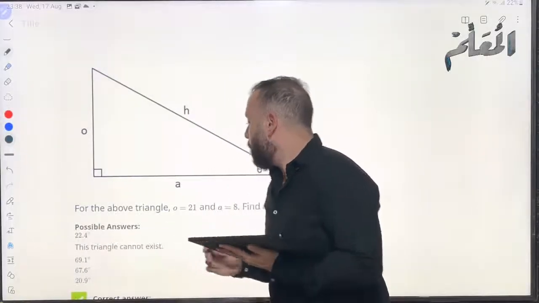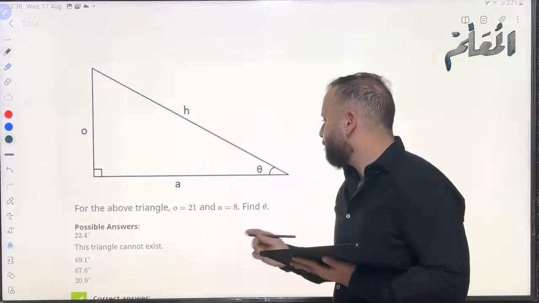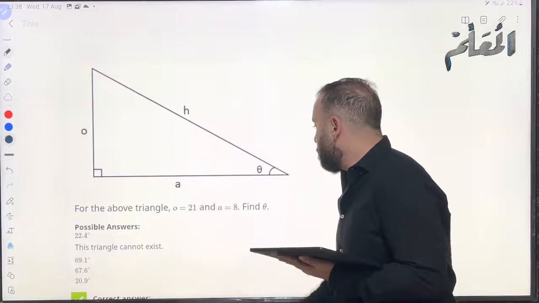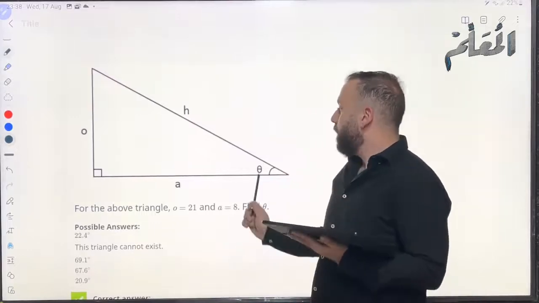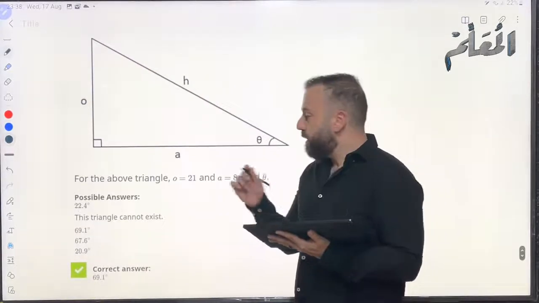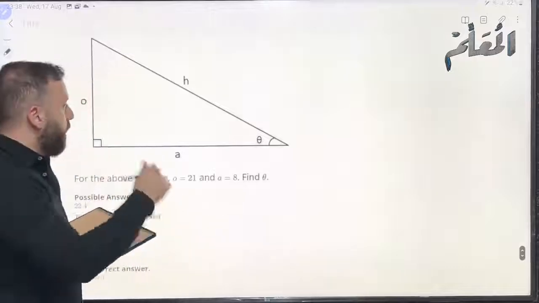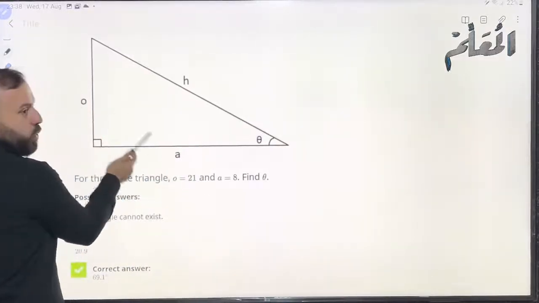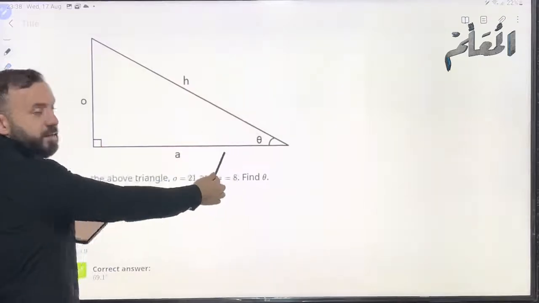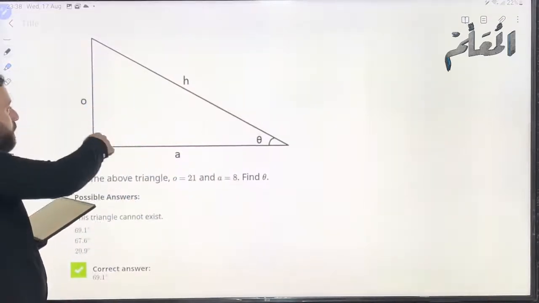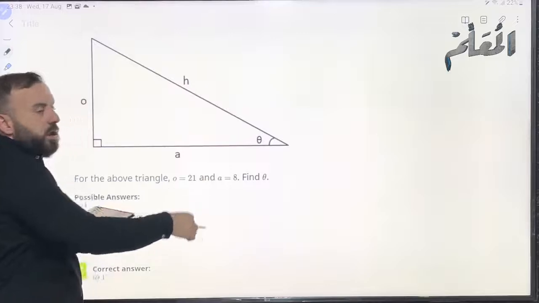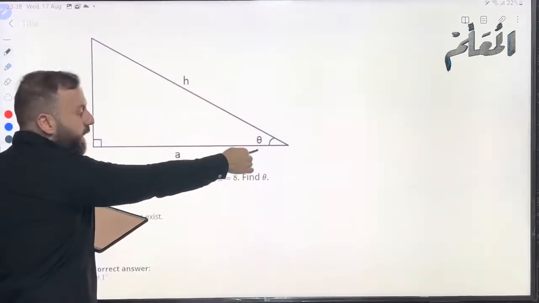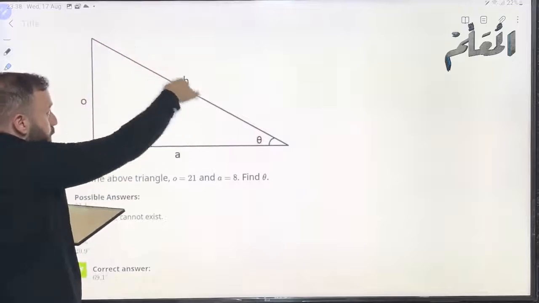Last question, question 5. For the above triangle, O is equal to 21 and A is equal to 8. Find theta. The answer is already there, but check how I can find the angle. Since I have these two, I know that tan theta is opposite over adjacent. If it's sine, opposite over hypotenuse, and if it's cosine, adjacent over hypotenuse.